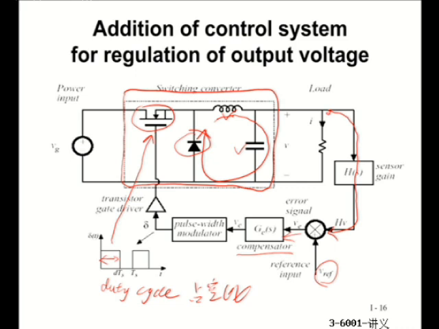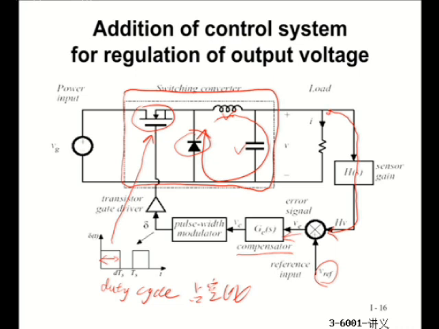On the other hand, if the output voltage is already higher than 50 volts, then this comparison will generate a negative difference. That difference will adjust the duty cycle to be shorter, a shorter time for the MOSFET to be turned on.